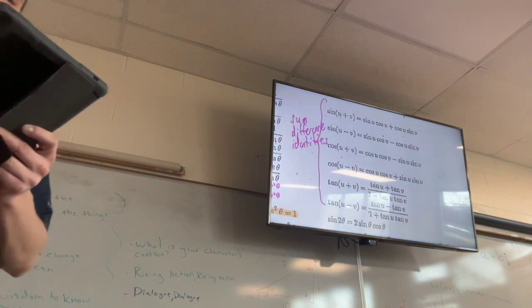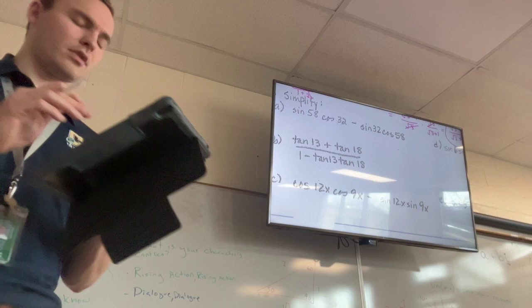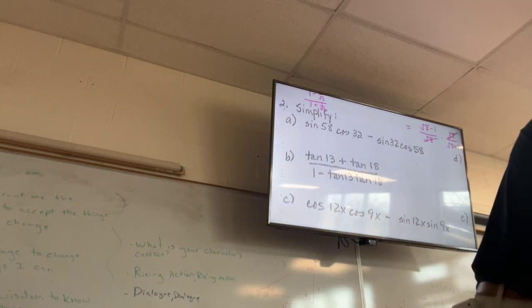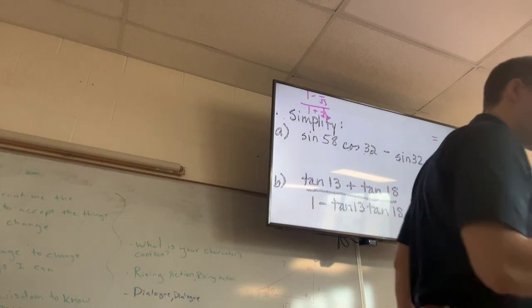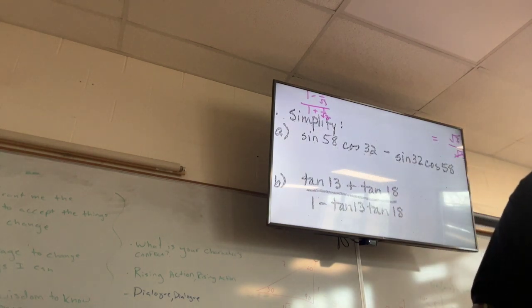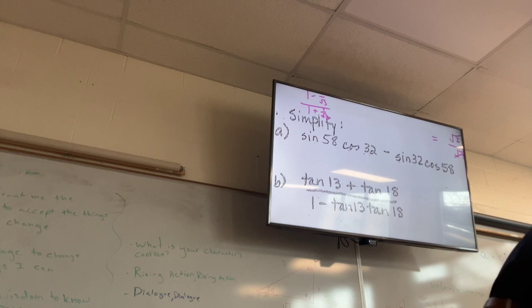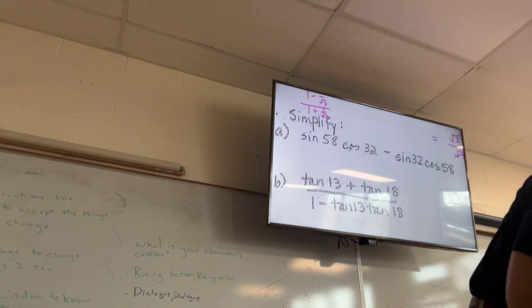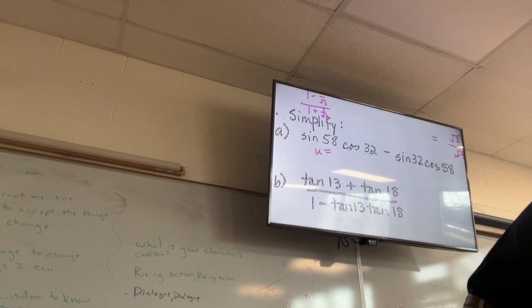On this problem here, which line on my identity sheet does this expression correspond to? So this one here is the same format as this problem, right? What would my u be equal to here? 58.